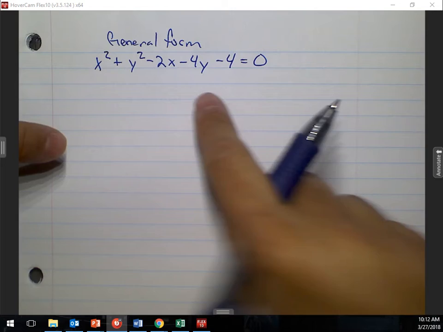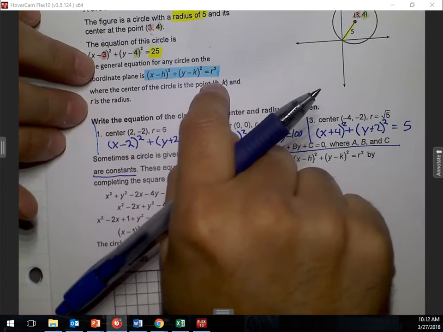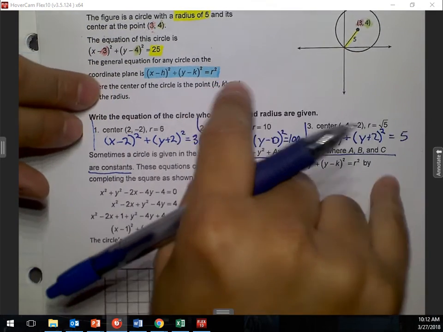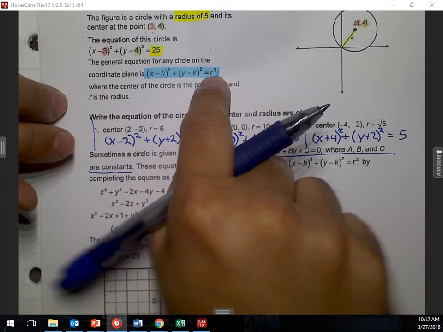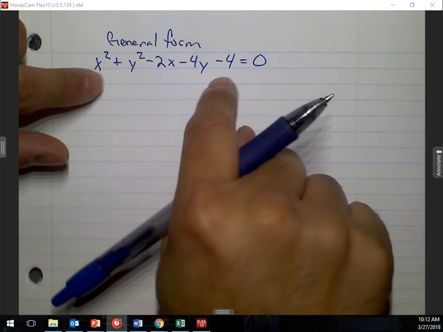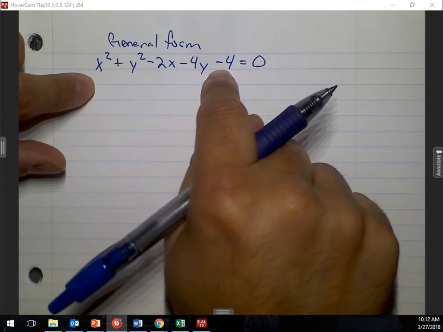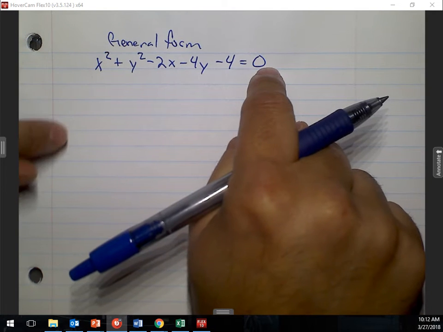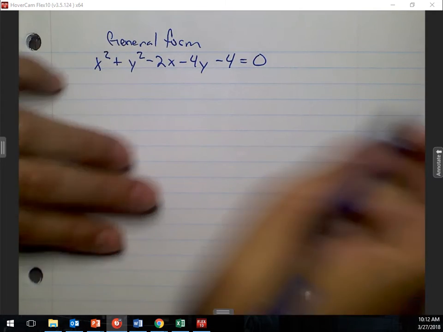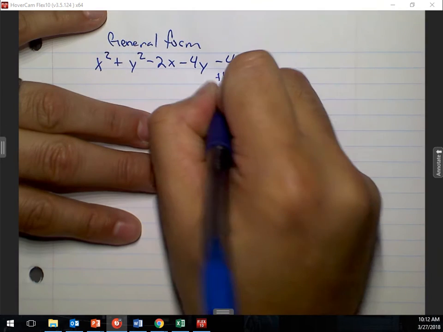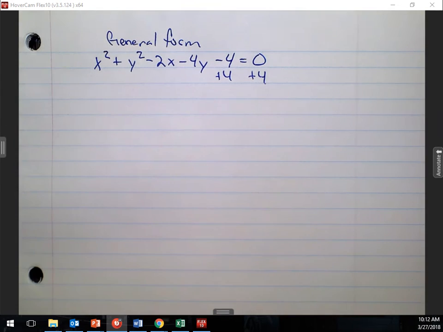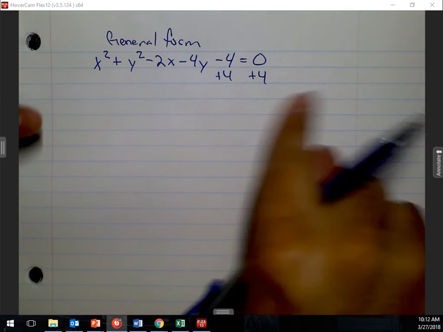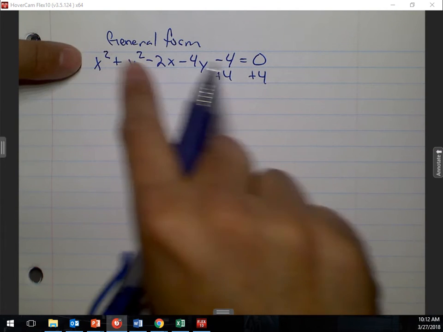So now, if I want to make it into this form, this number over here is by itself, isn't it? So we're going to move this to the other side of the equal sign. That's my first step. So I have to plus 4 to both sides. And as I do that, I'm going to rearrange this.